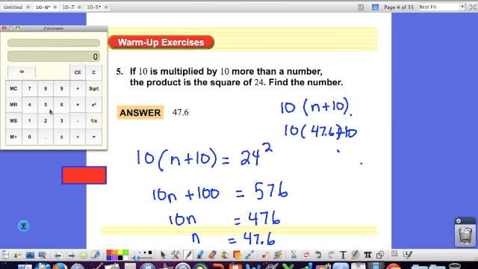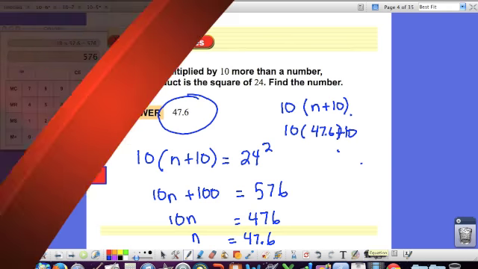So that's 10 times 57.6 is 576. So as I said, I was nervous, wasn't sure I was doing this right because I was getting a decimal, but I was in fact. Have to trust the math, and it will all work out in the end.